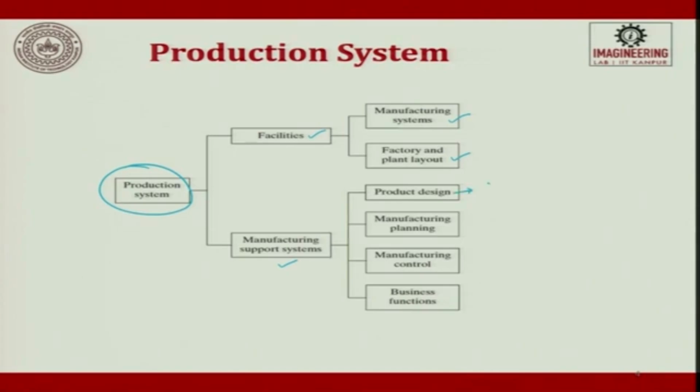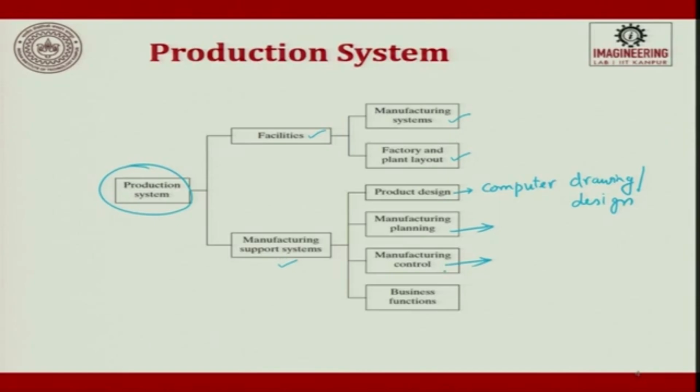Here it is computer which is used for drawing or designing a part, which is manufacturing support system, and what part to be produced, when to be produced is nothing but manufacturing control. Whatever we have produced today, is it of good quality?